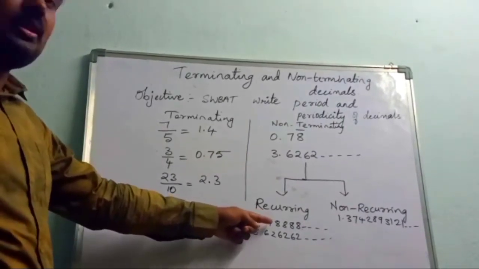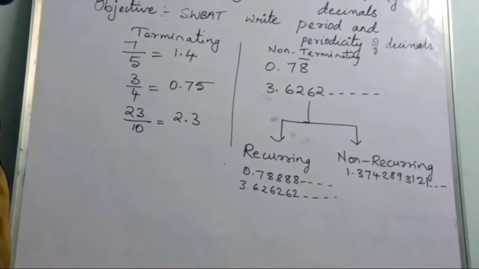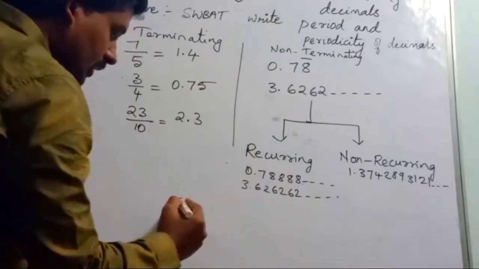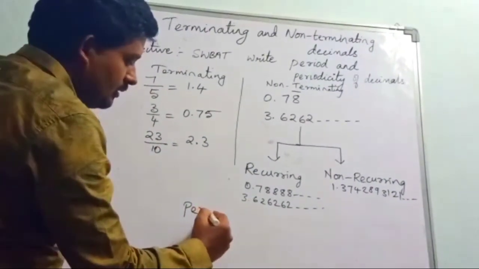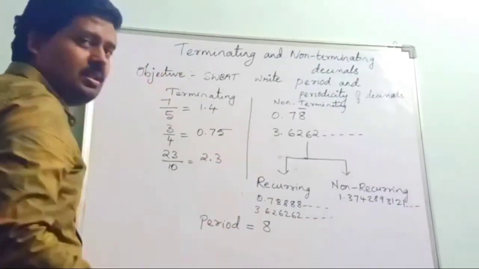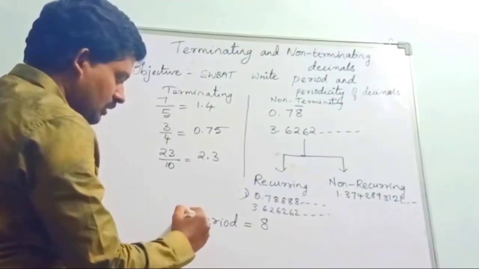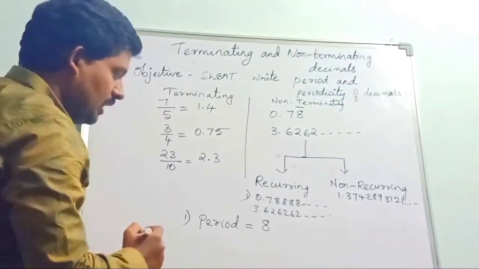We will have a close look at this. Now in this, 8 is being repeated. So the one which is being repeated is called period. So period is 8 for the first one.